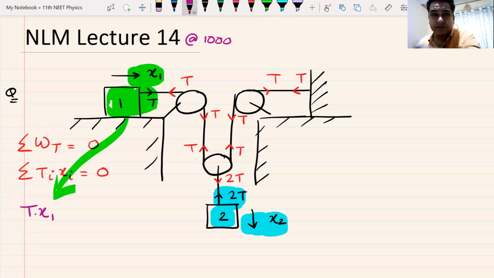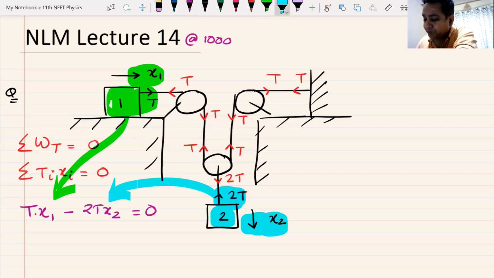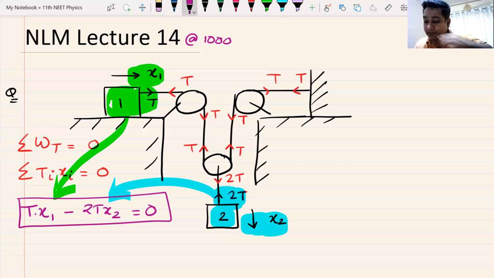So the relation becomes minus 2T into X2, that would be equal to 0. This becomes the virtual work principle. First one is for tension T. The second one is for tension of 2T.